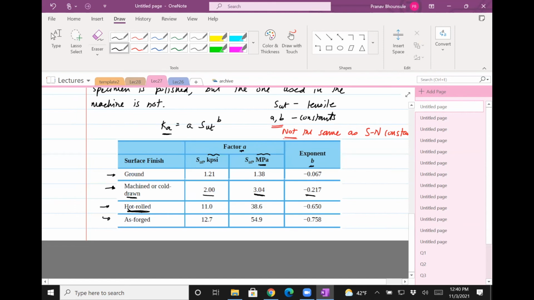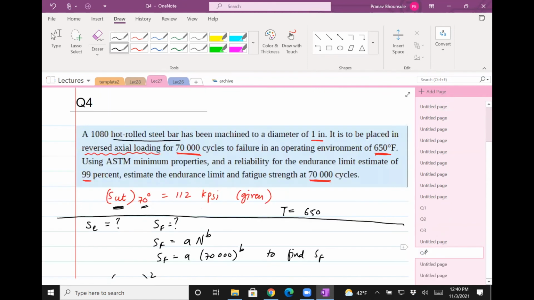So for hot rolled steel bar, we need to use, and this is kpsi, so I need to use, it seems like I used machined or cold drawn. Why did I use that? Okay, so it's hot rolled steel bars in machined. So this is the keyword I need to look for. Good catch. So I need to go and look at the table.